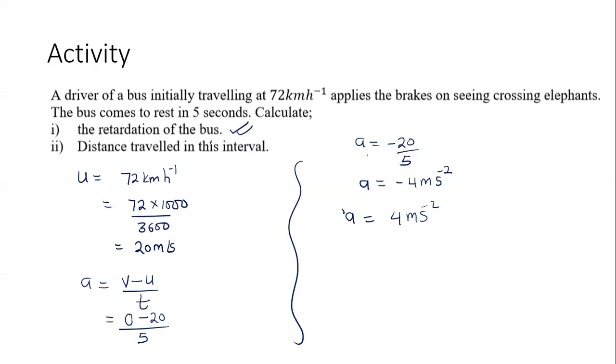Yes, but that one is in the calculations. When they mention retardation, then you bring in the negative. But when you're stating it, it doesn't need to be there. All right, okay, I hope that is very okay.